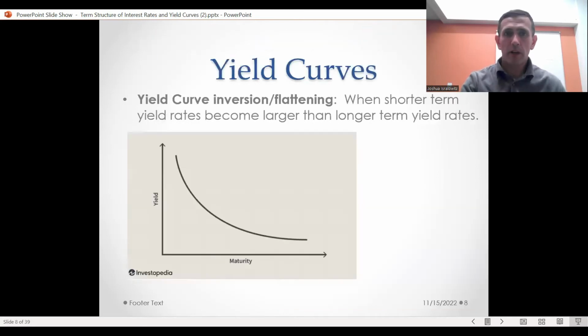But in real life, what happens sometimes is you have shorter term yield rates become larger than longer term yield rates. When this happens, it is called the yield curve flattening or the yield curve inversion. Often you get this even for a time period.